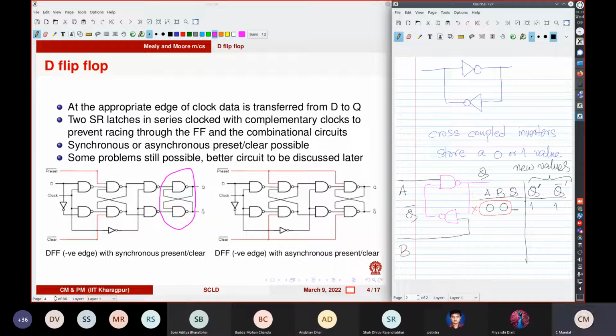So 0, 0 is not a very useful input pair for A and B, because you would prefer... you can see that in this circuit, if you call this Q and if you call this Q bar, these are complements, right?